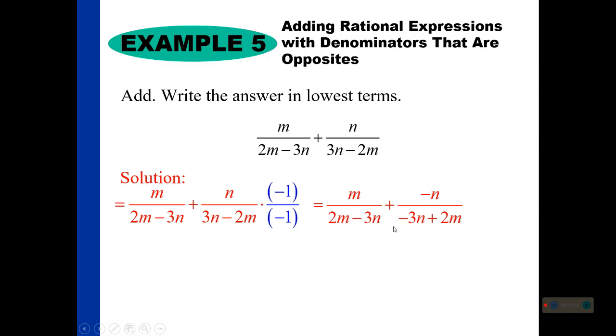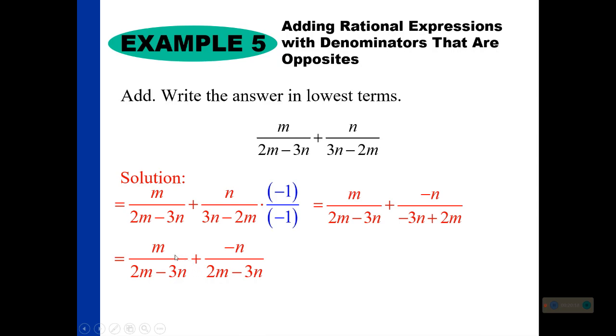So, therefore, this time, our denominators are already the same. Because we already have here positive 2m, and we already have here negative 3n, the same as the first denominator. And then continue the operation.